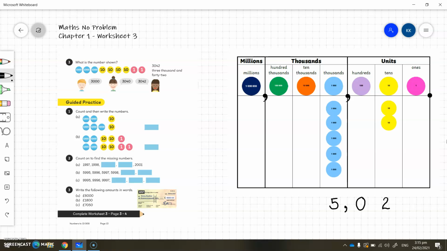Now you're probably thinking to yourself, 2 tens, that's the same as saying 20. 10 plus 10 is 20. I now focus on my ones place, and I have 0 ones. I still need to record that in my number with a 0, 0 ones, 0 in the ones place.